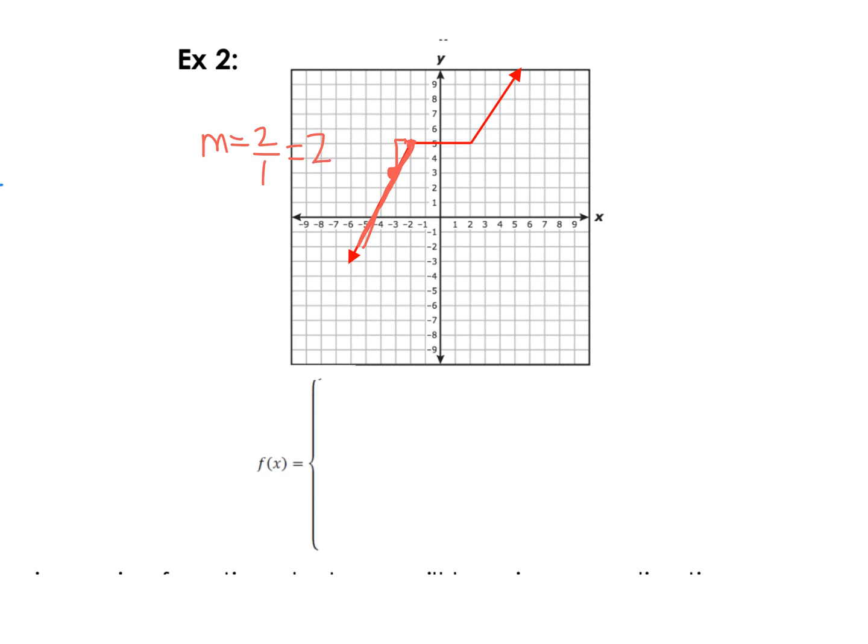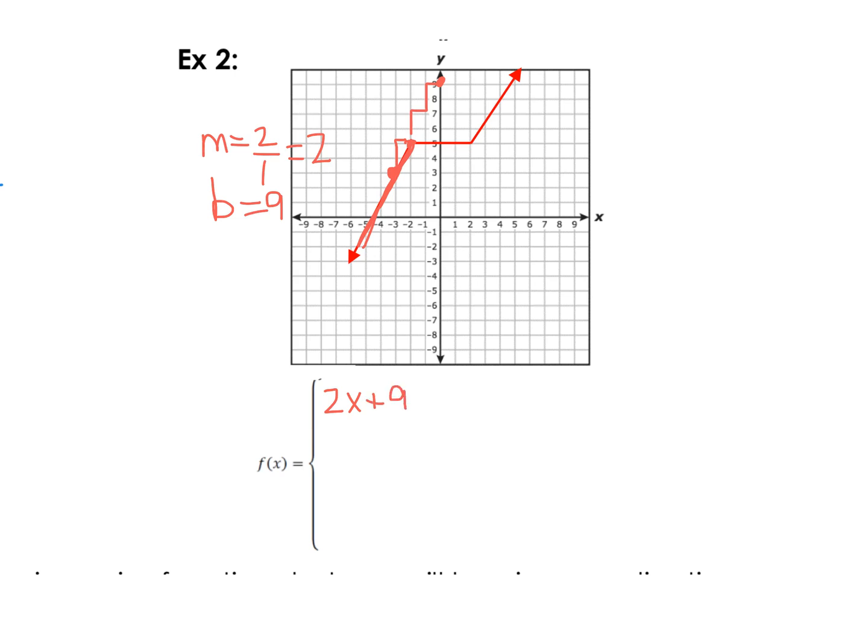Now if I continue to rise 2 and run 1, and then do it again, rise 2, run 1, we're going to see that if this line continued, the y-intercept would be up here at 9. So for this line, my slope is 2, and my y-intercept is 9. So my equation is going to be 2x plus 9.